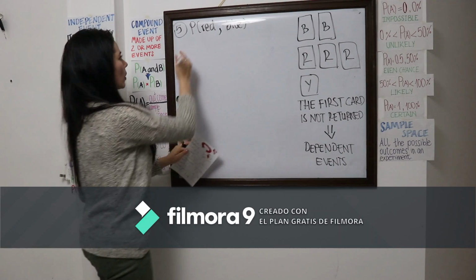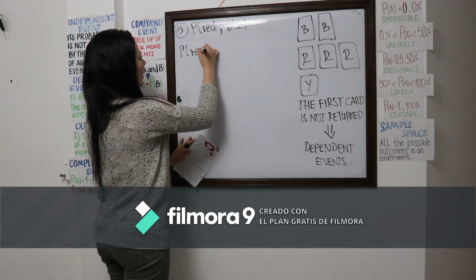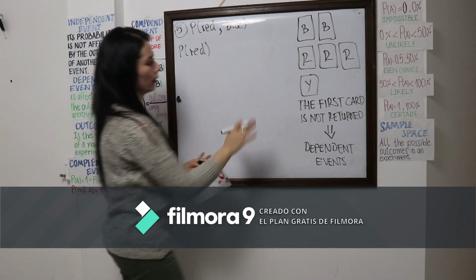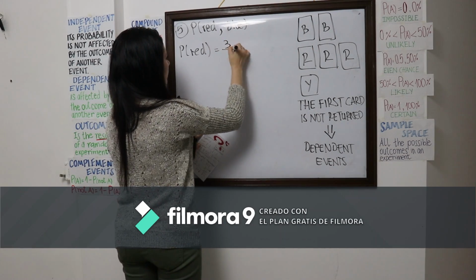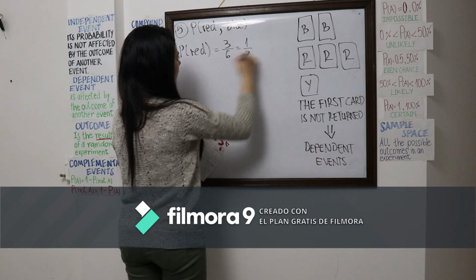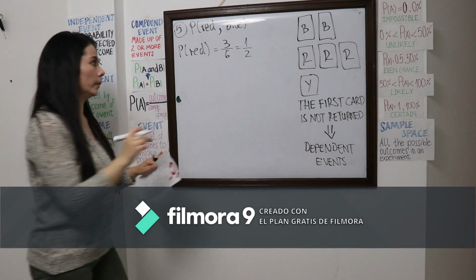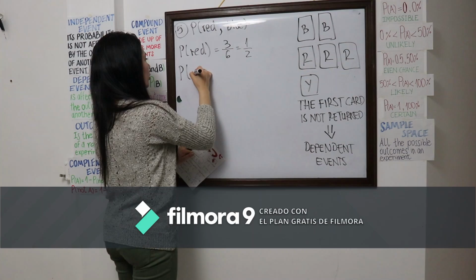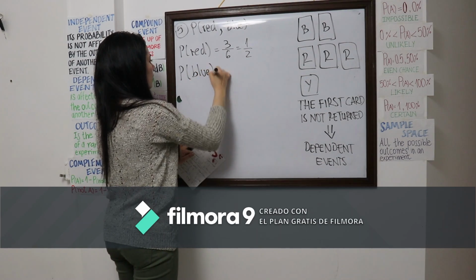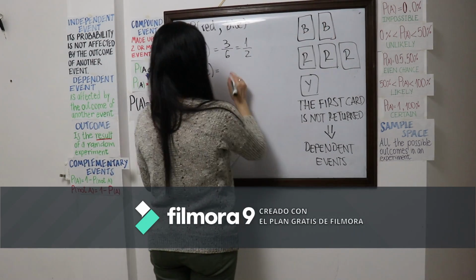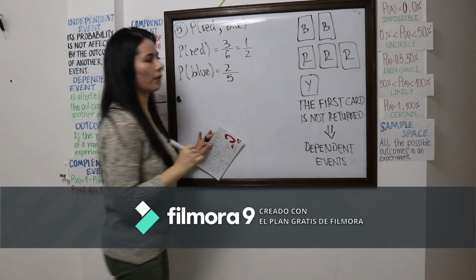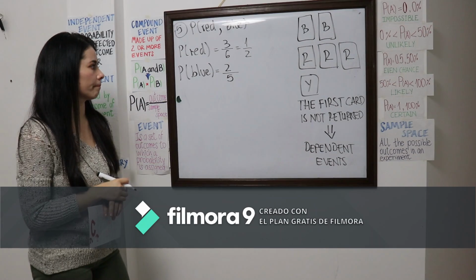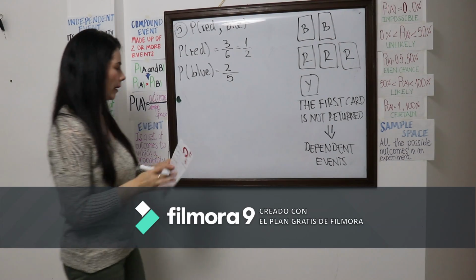Again, first card is fine, because the first card, I'm only getting everything as usual. So 3 out of 6, which we know it's 1/2. That second card, though, is where everything changes. I still have 2, yes, but my total is now 5. Okay? Make sense? All right.